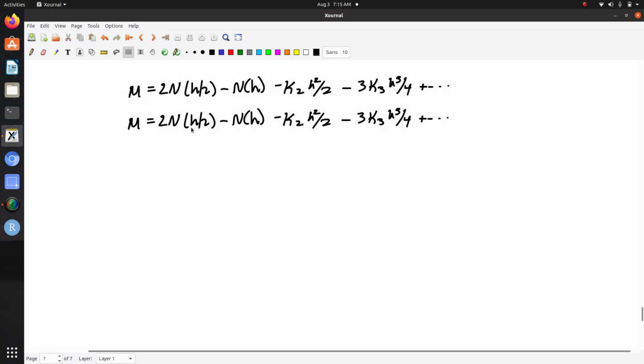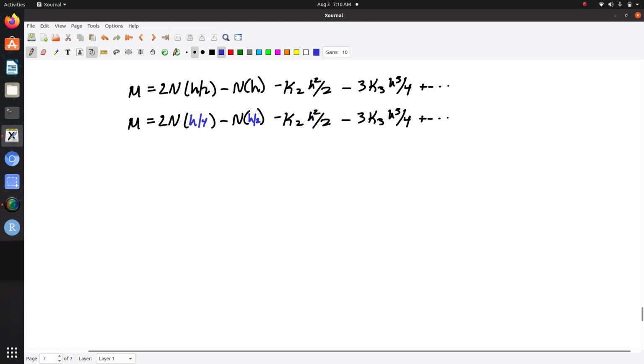So we're going to replace h with h over 2. So h over 2 becomes h over 4. I'm still using regular old n, which is n1.